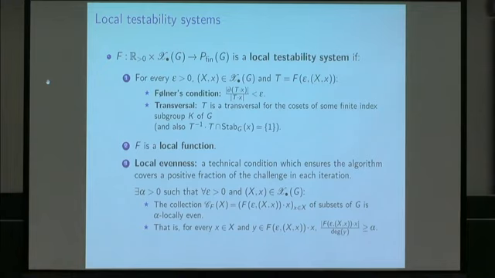So what do I require from a local testability system? First, Følner's condition: the ratio of boundary to volume of the tile must be smaller than delta. Second, I want the tile to be almost isomorphic to a finite Schreier graph.